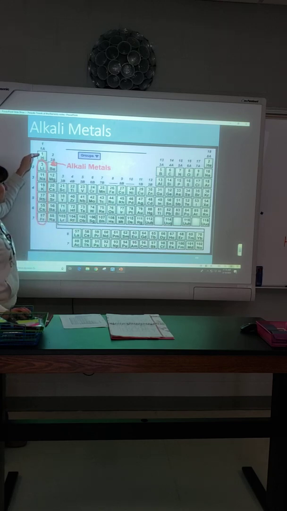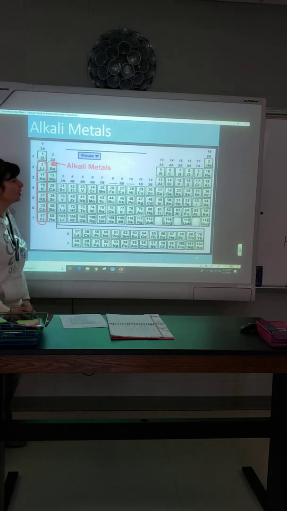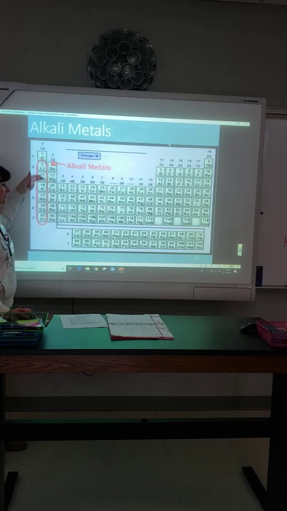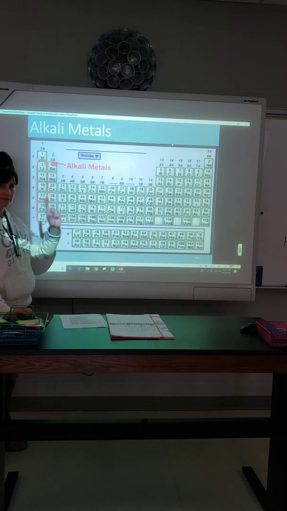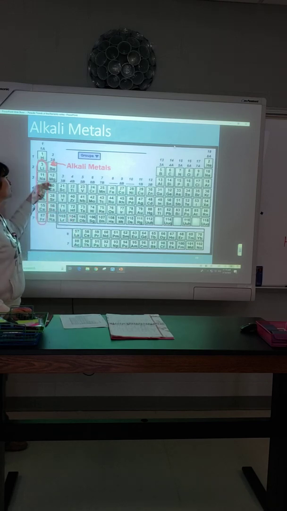So hydrogen is not considered an alkali metal just because it is so small, but it fits here because it has one valence electron. So hydrogen and helium are kind of those oddballs that don't totally fit the pattern, but the rest of them all fit perfectly. So all of these I could predict are going to give away one valence electron, and then they would drop down to the next energy level, which was already full.